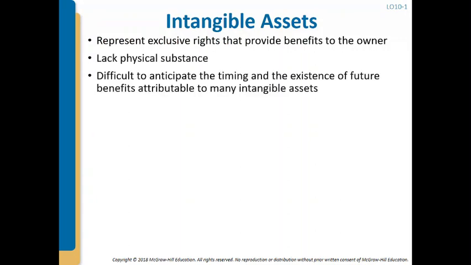All right, so let's talk about intangible assets. These represent exclusive rights that provide benefits to the owner. These intangible assets lack physical substance, and it's difficult to anticipate the timing and the existence of future benefits attributable to many of these intangible assets. Not all, but many.